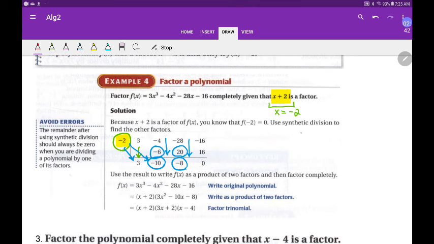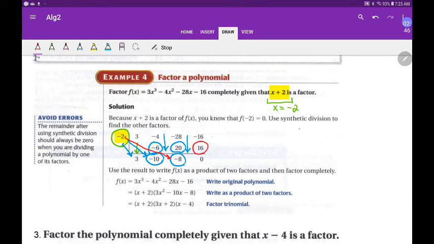And we say, okay, negative 2 times negative 8, that's positive 16. And we add, and we get 0. Hey, 0. Okay, if we get 0, that means that was a factor. That means that I have a 0 at negative 2, and x plus 2 is a factor of this polynomial.